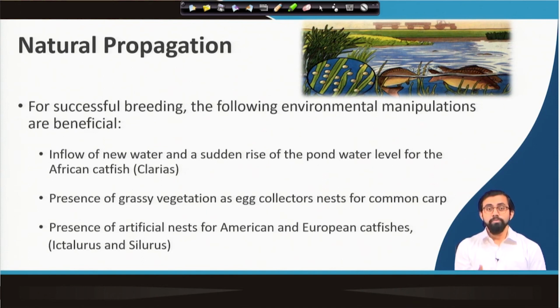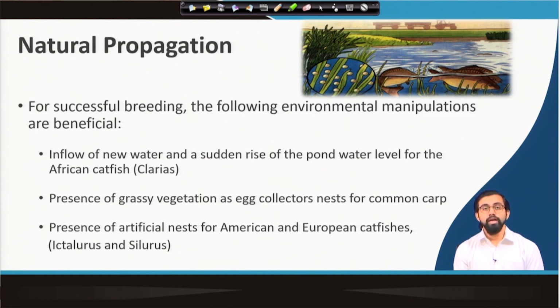In the case of common carp, we try to incorporate more grassy vegetation in the pond bottom or the pond slope, so that it acts as an egg collecting nest for the common carps.